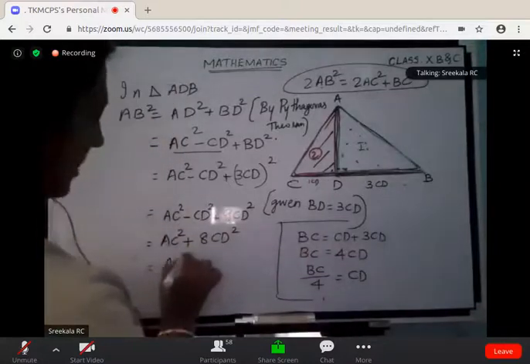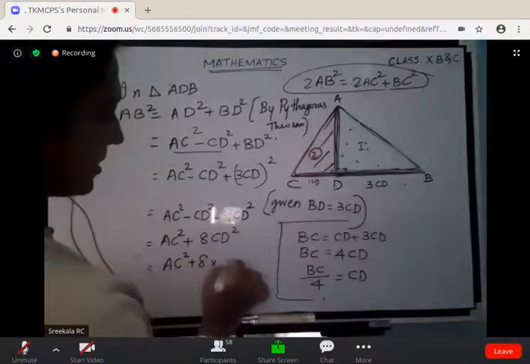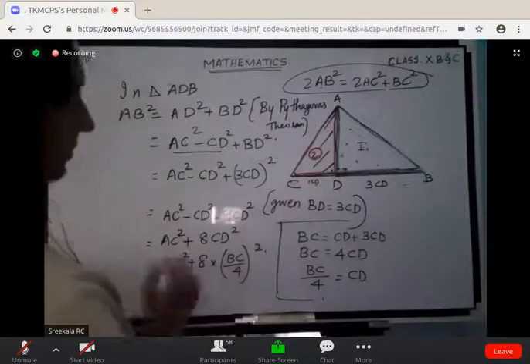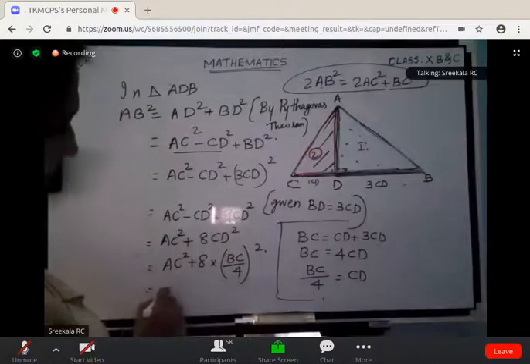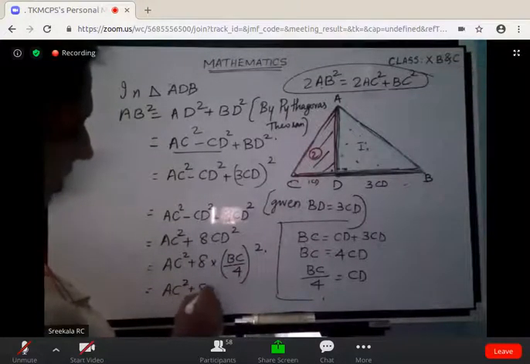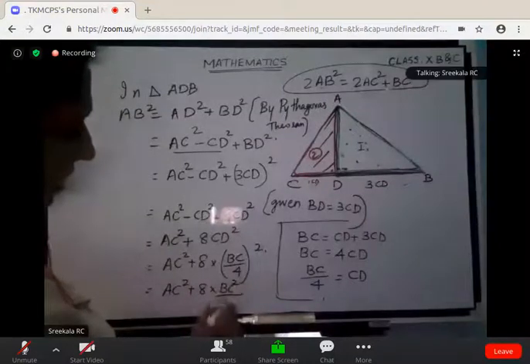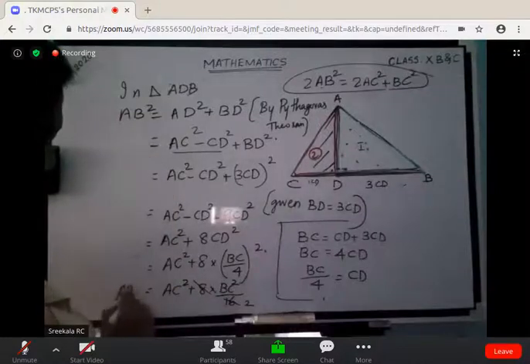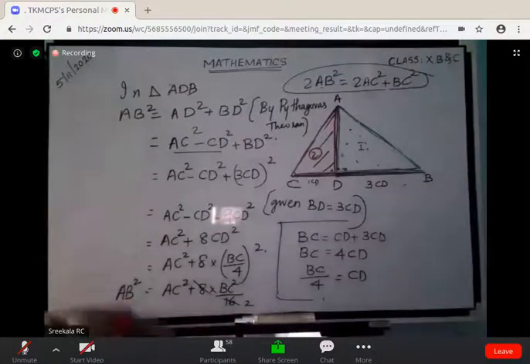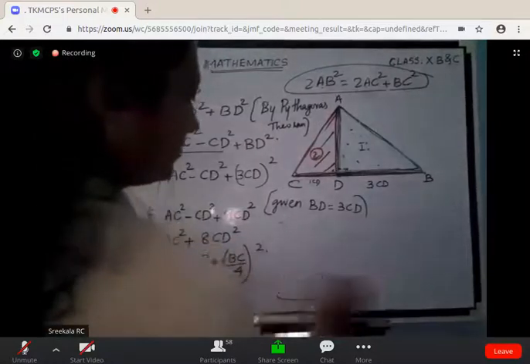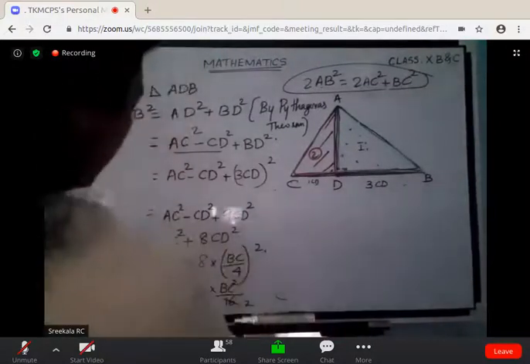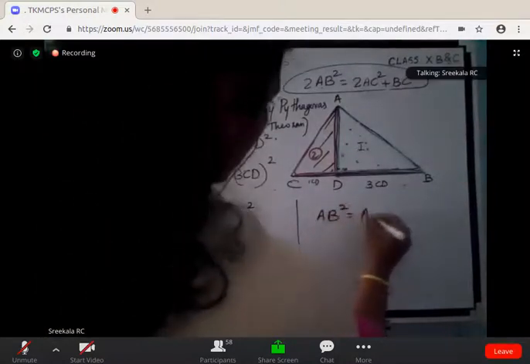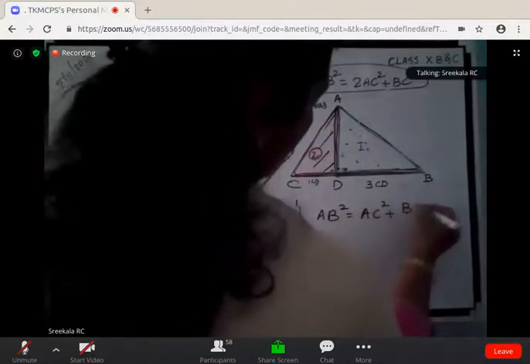So here AC square plus 8 into CD can be written as BC by 4 the whole square. So after that, AC square plus 8 into BC square divided by 16. When we cut it, so AB square equal to AC square plus BC square by 2.